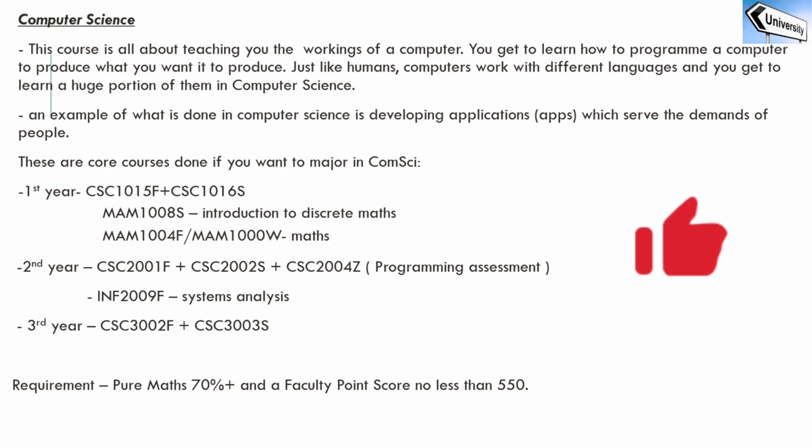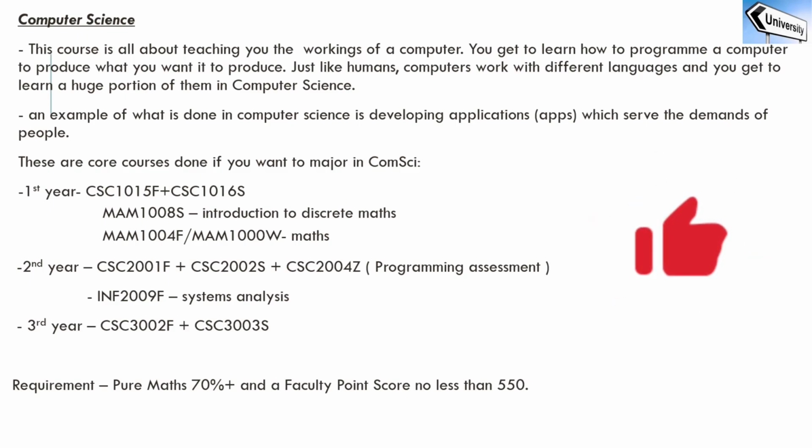Now in order for you to do computer sciences at UCT, I know you need pure maths of 70%. For other universities you do need 65% for your NSC maths and a faculty point score of no less than 550.